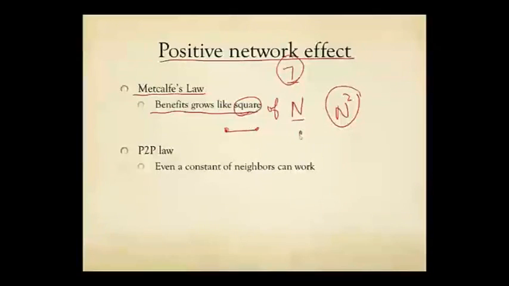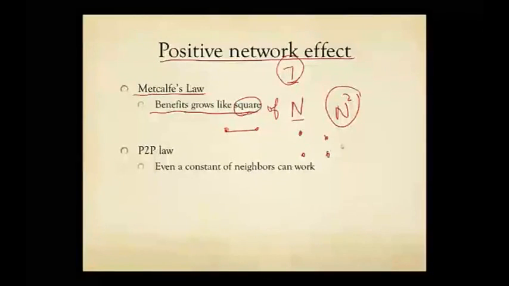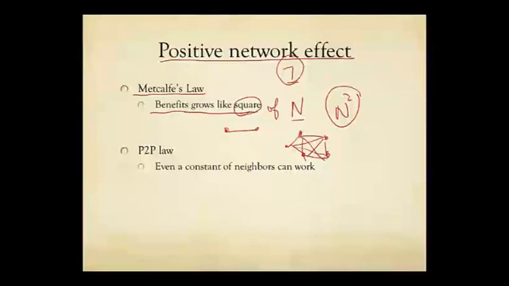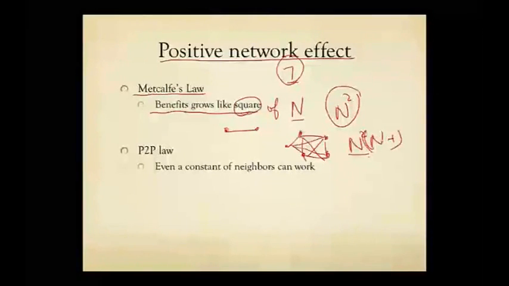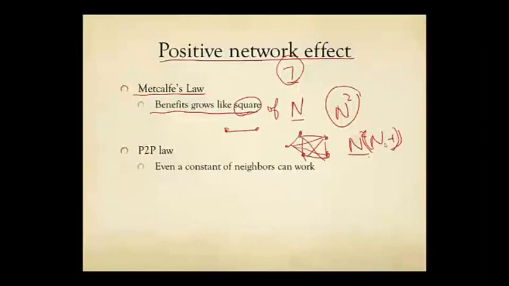And furthermore, if I have 5 nodes, pretty much every node talks to every other node. So it forms a full mesh network. And therefore, if you look at the number of connections in the network with n nodes, it is n squared, or n times n minus 1, which is in the order of n squared.